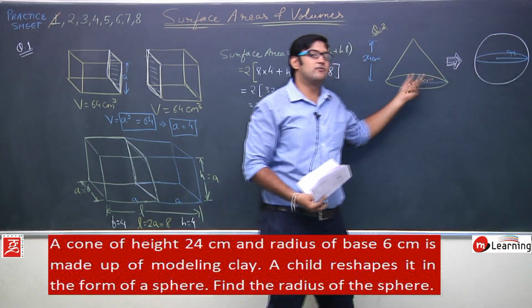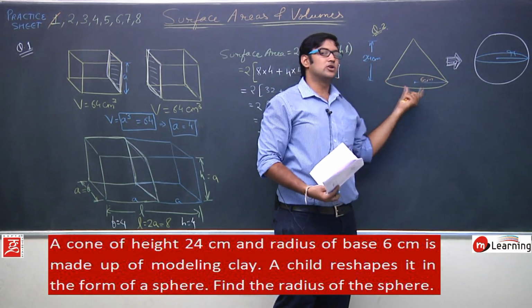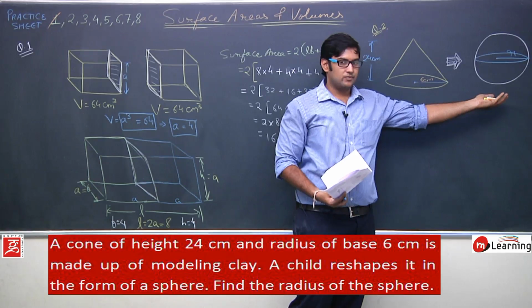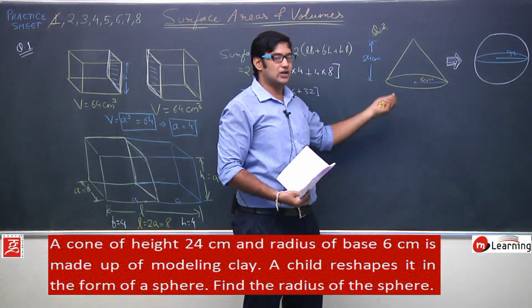It means the volume of material used to make the cone should be constant, and the volume of material used to make the sphere should be equal to the volume of the cone.